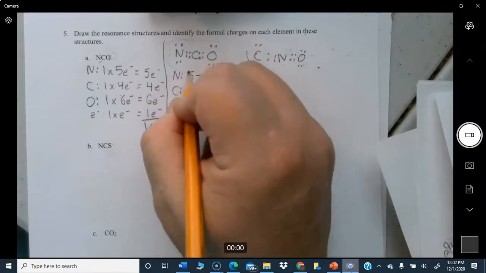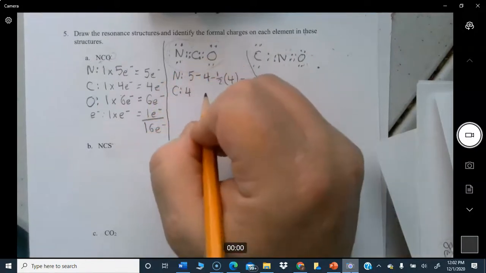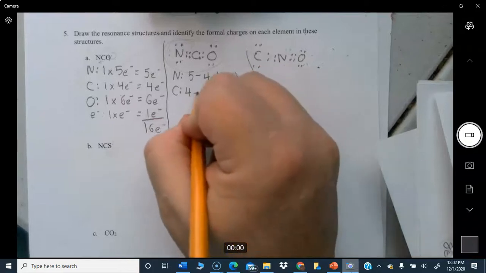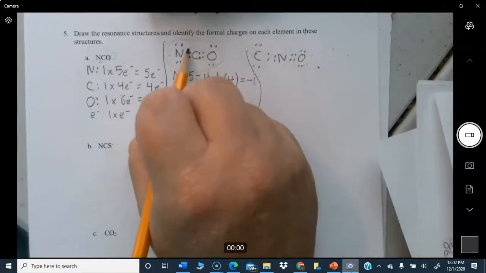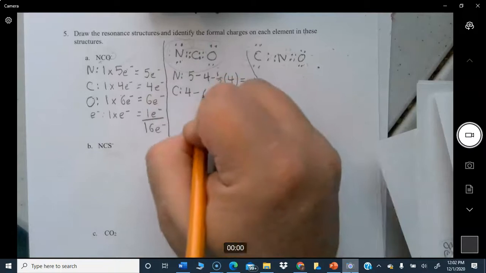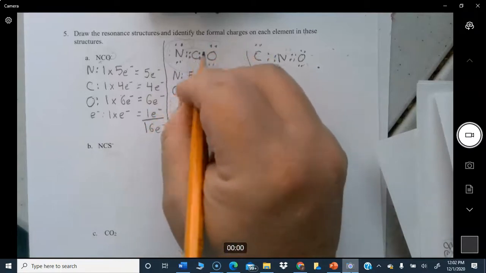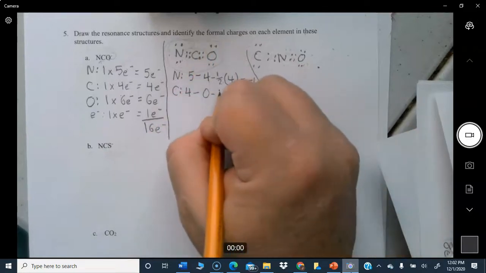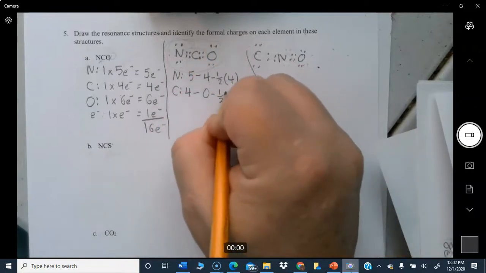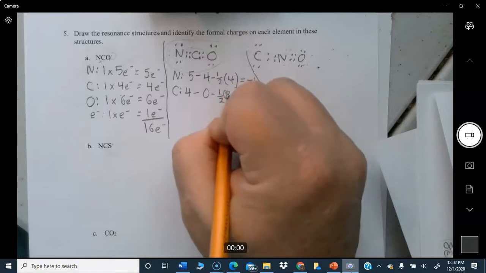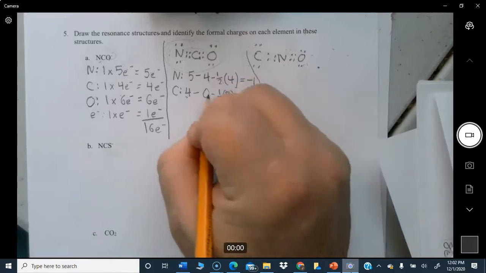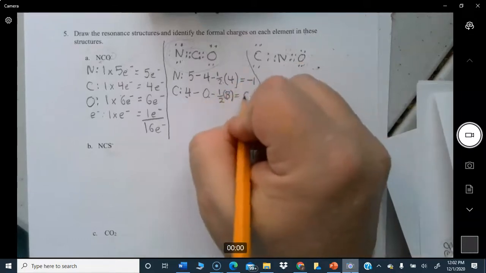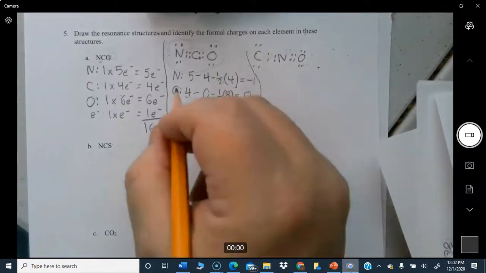Carbon has 4 valence electrons in its natural state, minus the number of lone pairs it has right here. You don't see any, there's none. Minus half of the bonding electrons. It has 1, 2, 3, 4, 5, 6, 7, 8. All of its electrons are bonded. So half of 8 is 4. So 4 minus 0 minus 4 is 0. So that has 0 formal charge.